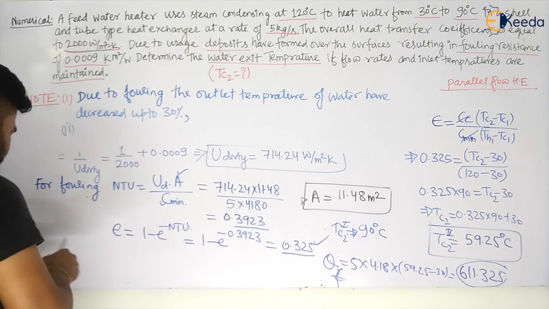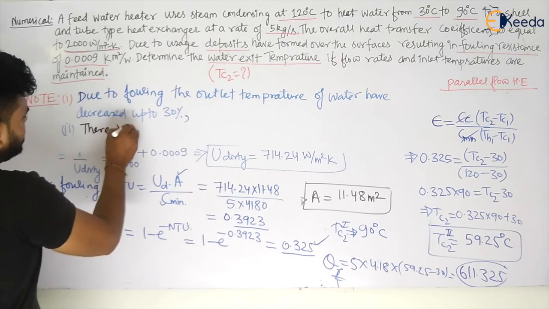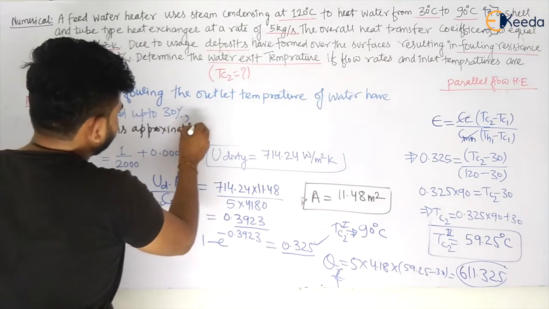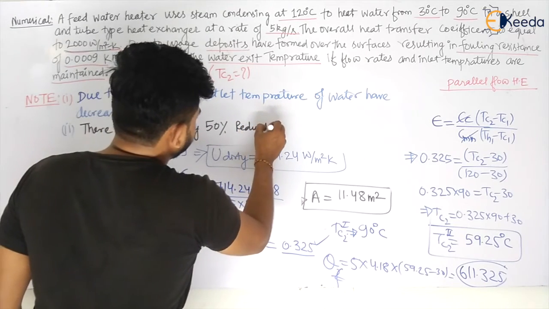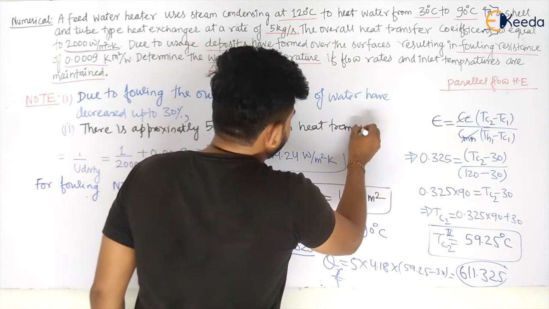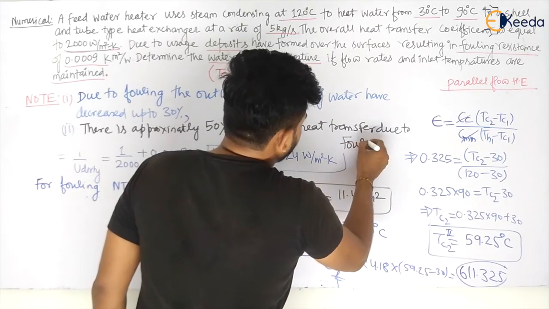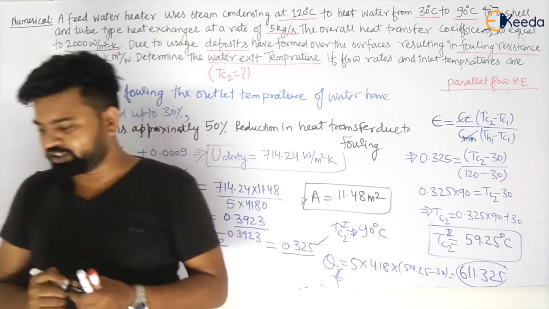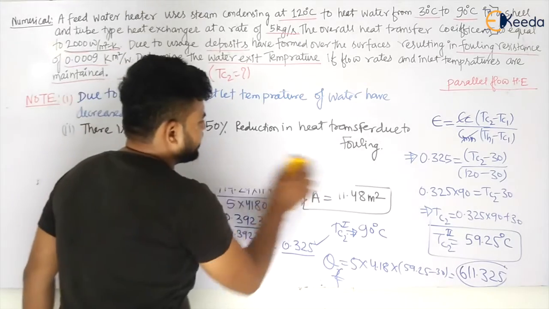Number second, we can take that there is approximately 50% reduction in heat transfer due to fouling, my dear students. So what should we do? We should clean the heat exchanger on time, my dear students.